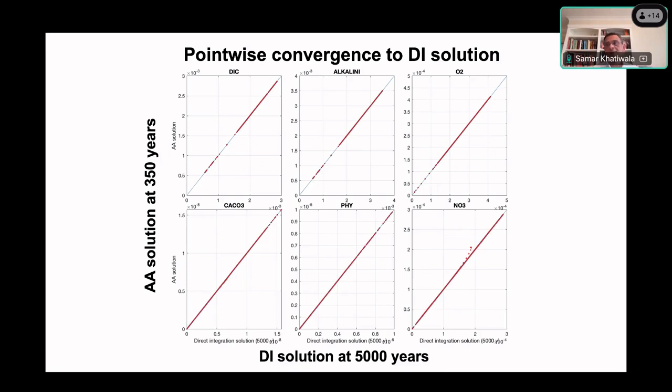An exact match would be on a 1-to-1 line, like you find here. And yes, in this case, we get that 1-to-1 match everywhere. So about 350 years of time integration with Anderson will get you the same solution as maybe a 3,000 or 4,000 year solution with direct time integration in this case.